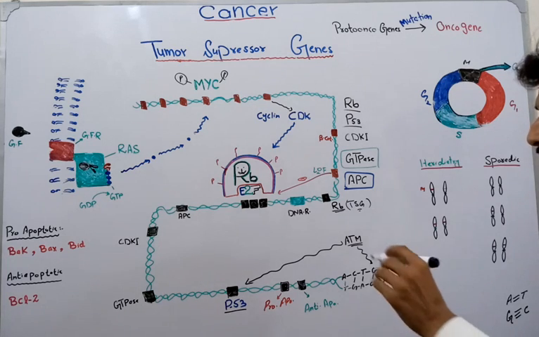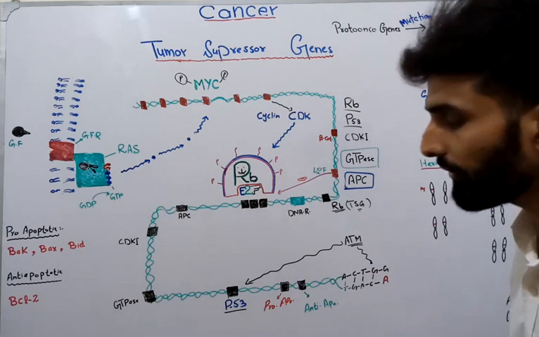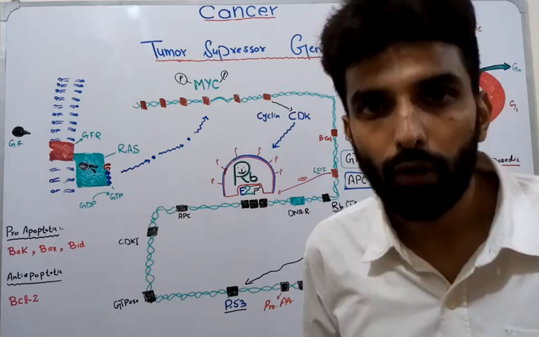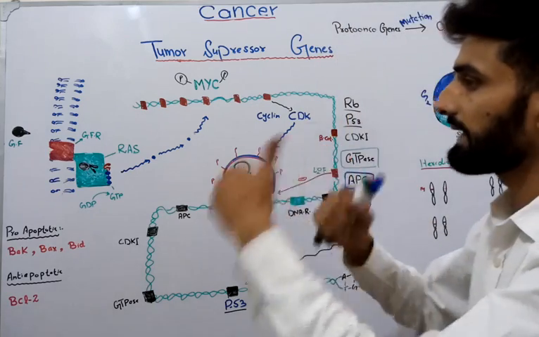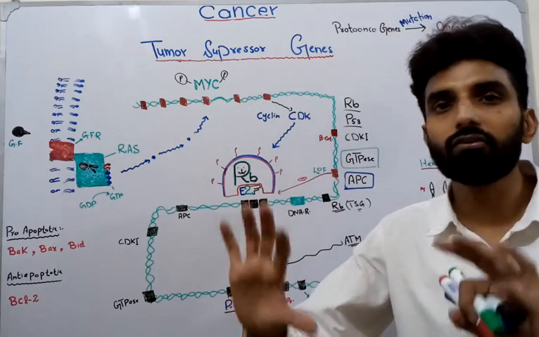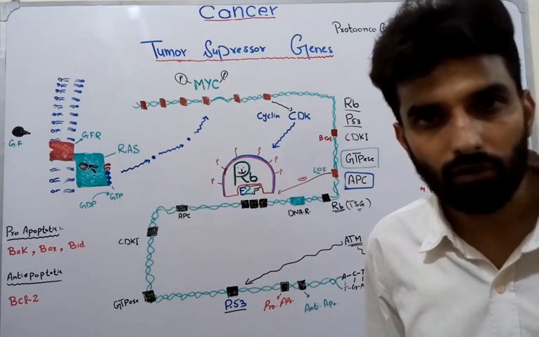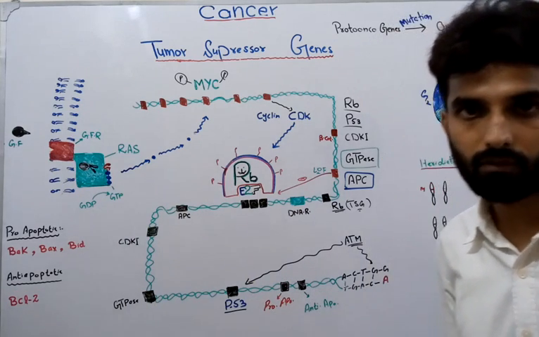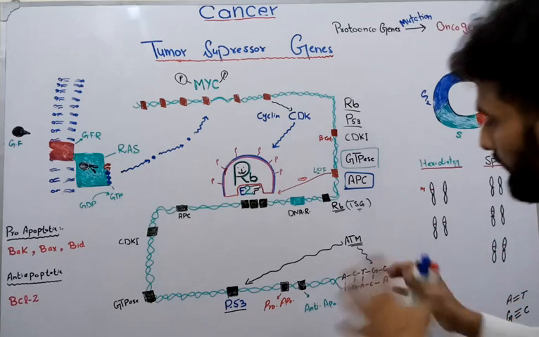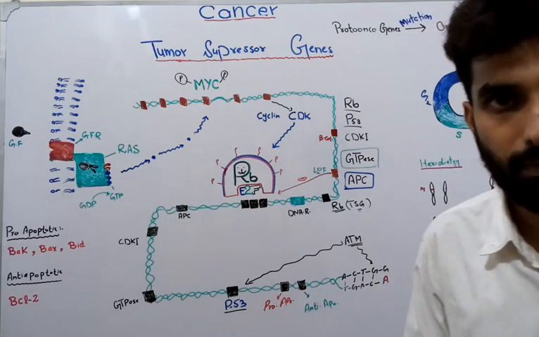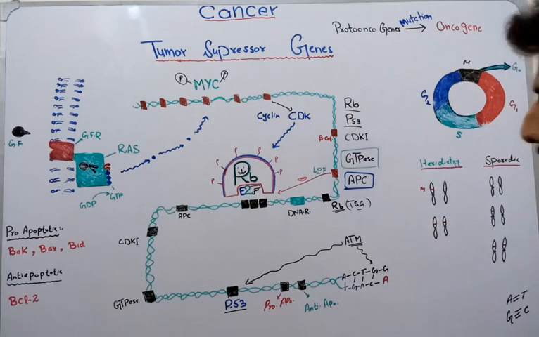Now, the first thing which P-53 is going to do, it will arrest the cell cycle. It will suddenly stop the cell division, so that the damage can be repaired.